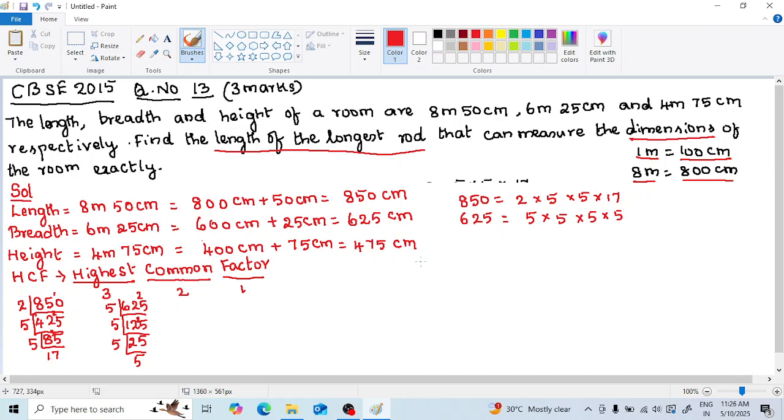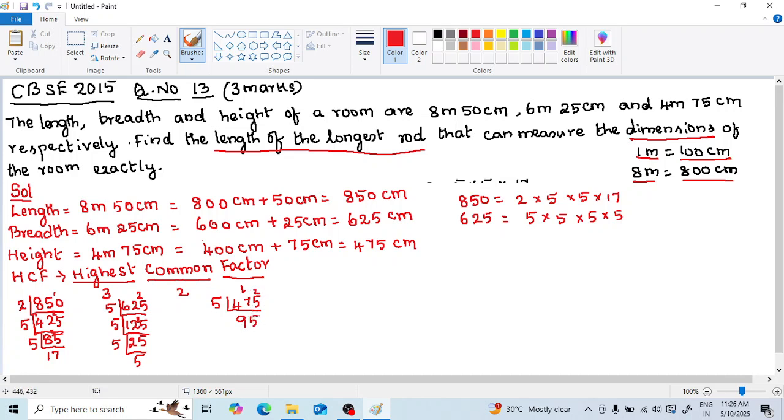Then what is the third case? That is 400 plus 75, so it is 475. It is ending with 5, so it is divisible by 5. Here we have 9 fives are 45, the remaining will be 2.